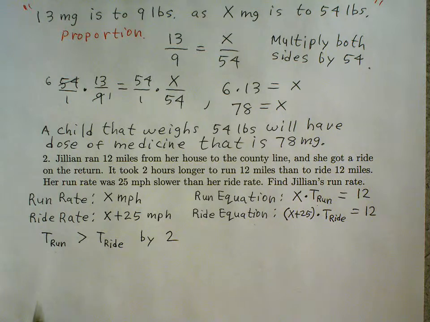Okay, I'll give you a hint. This statement, the amount of time it took her to run 12 miles is greater than the amount of time it took her to ride 12 miles by 2 hours, we can translate into an equation.